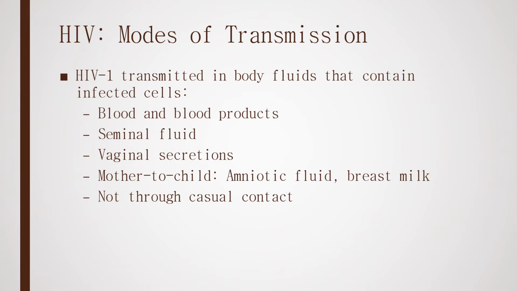Human immunodeficiency virus is transmitted in body fluids: blood, seminal fluids, vaginal secretions, amniotic fluids, and breast milk that contain infected cells. Higher amounts of HIV or infected cells in the body fluid are associated with greater chances that the exposure will result in infection.